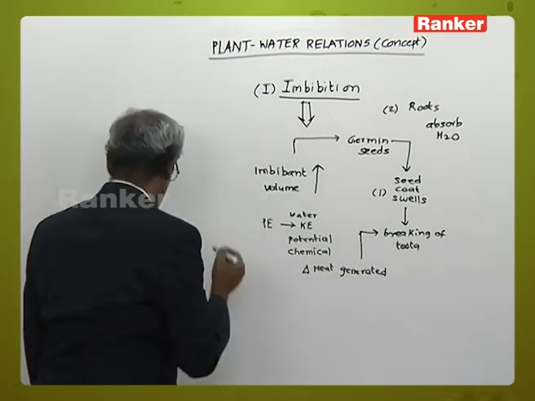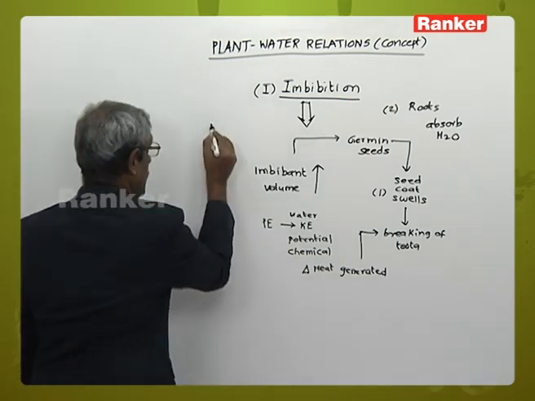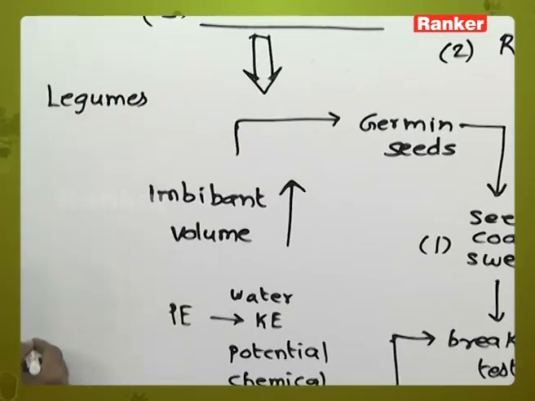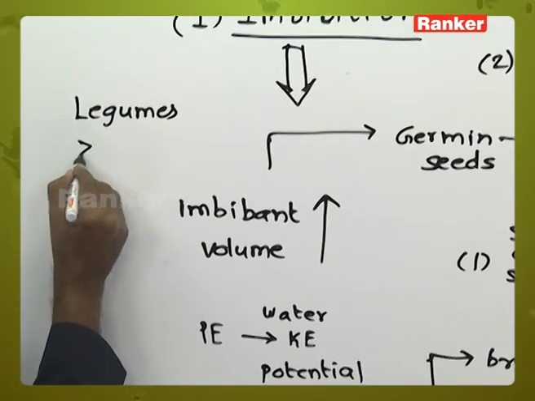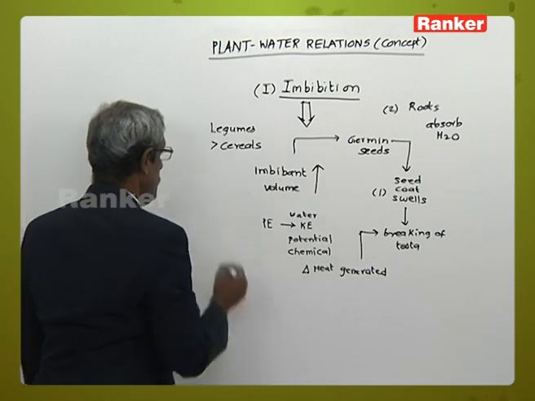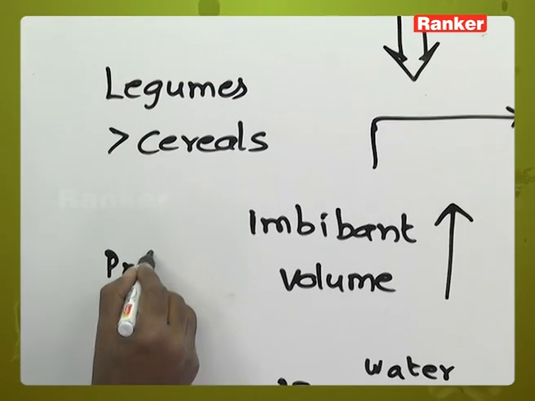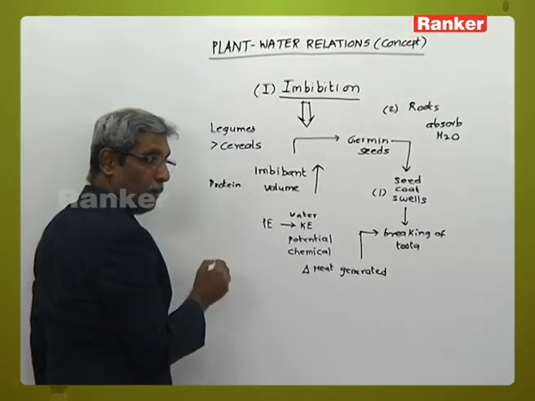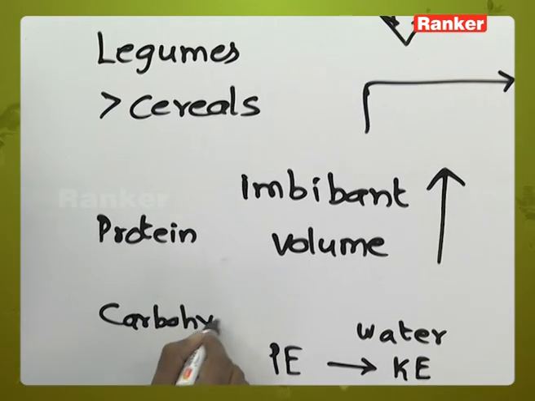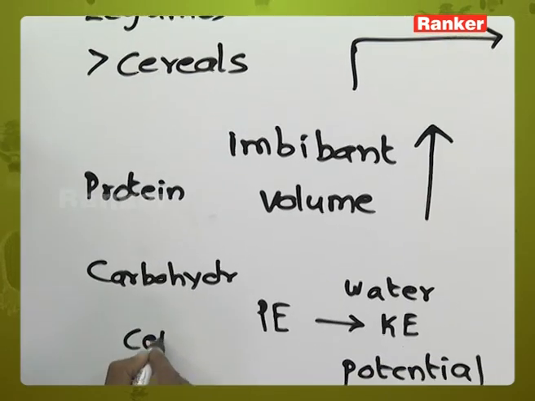So imbibition is more in the case of legumes when compared to cereals. Proteinaceous substances show more imbibition when compared to carbohydrates, when compared to cellulose.